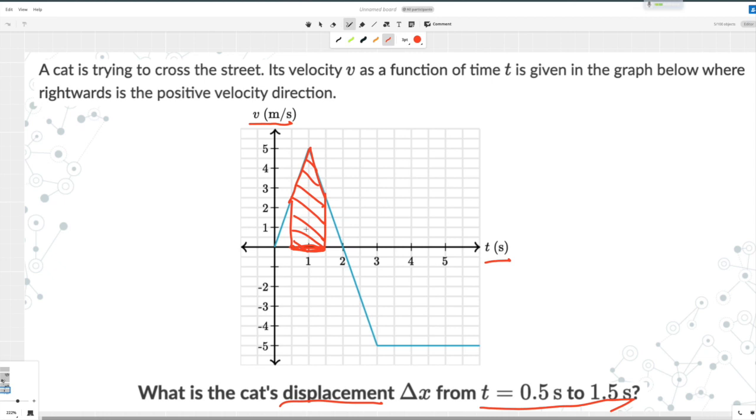Now we have to find the area underneath this curve, but this is not just a regular shape. It's actually more like a triangle and rectangle combined, so we can work with that.